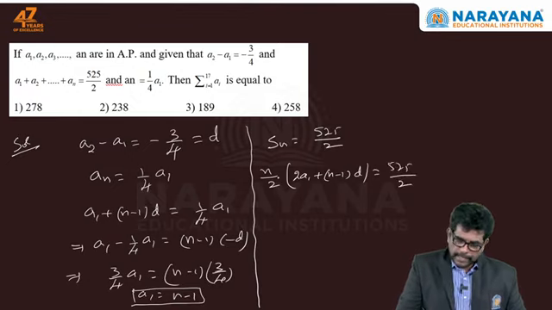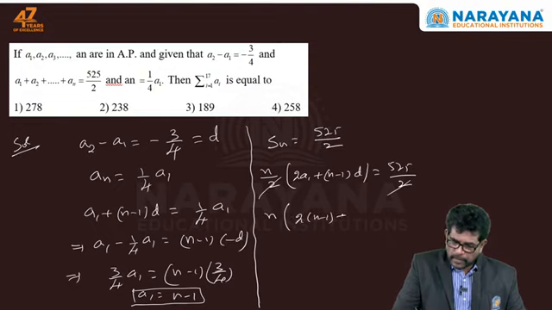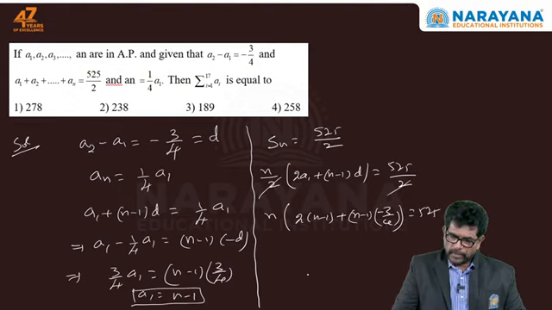Now 2 gets cancelled. Here is n into 2A1. 2A1 means 2 times of n minus 1 plus n minus 1 into D, which is minus 3 by 4, is equal to 525.